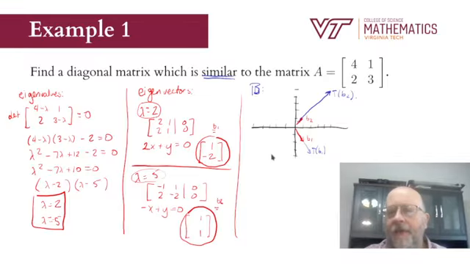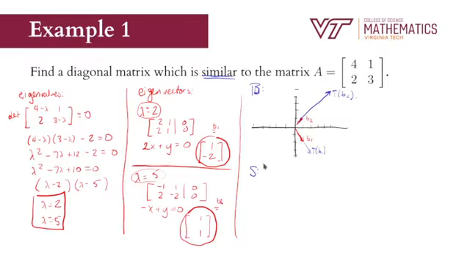So let's see what happens in the standard basis S. We would like to find a transformation that does the same thing geometrically to the standard basis, which means that we want to take the vector E1, and the transformed version of E1 should be double that vector.